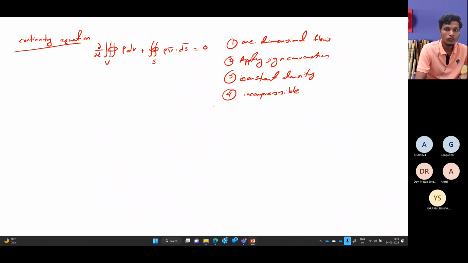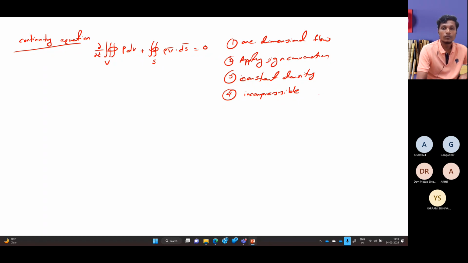You should clearly see why I wrote constant density as different and incompressible as different. Before coupling this, I will give you clarity on what constant density and incompressible flow are.